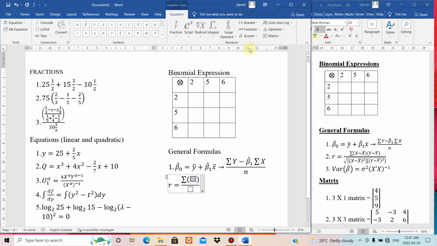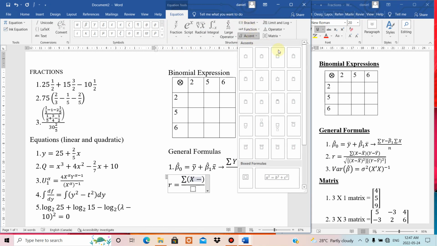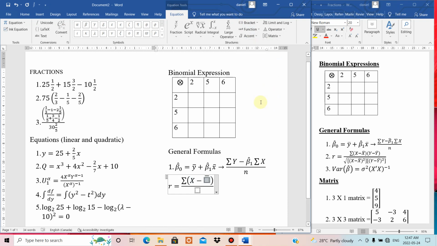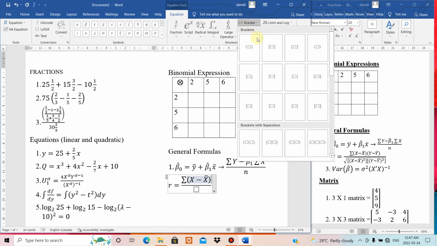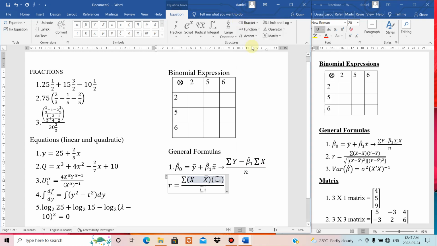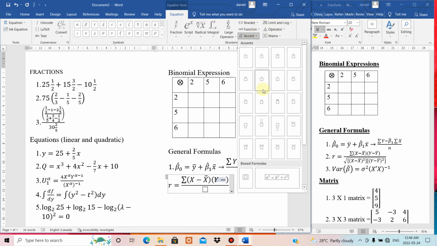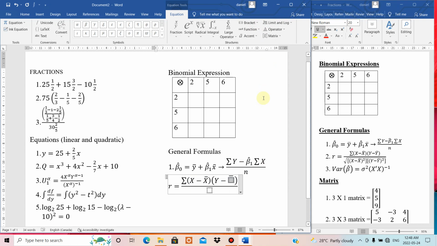We have x minus x bar. So x bar has an accent. We need another bracket also. Y minus y bar. So y bar also has an accent, so you need to introduce that.